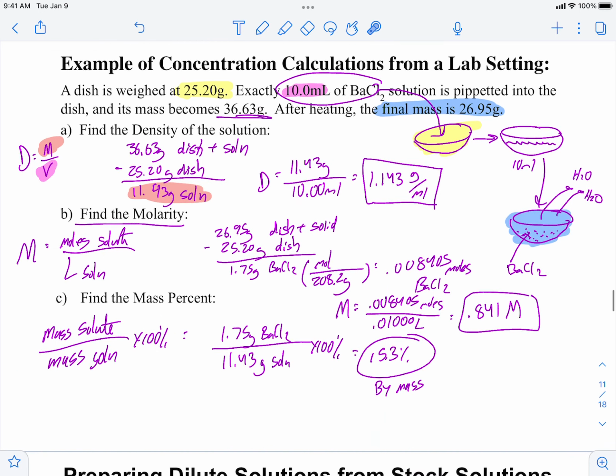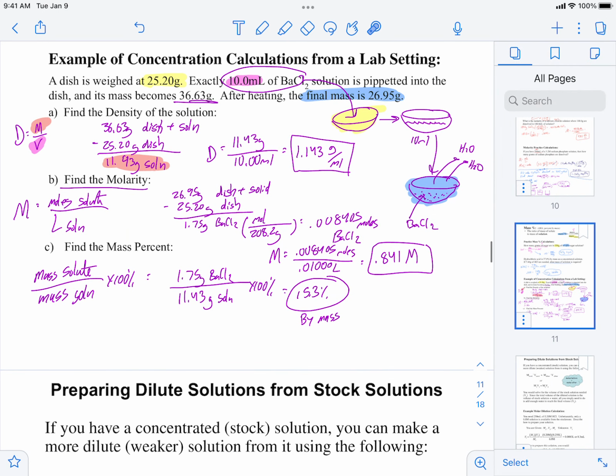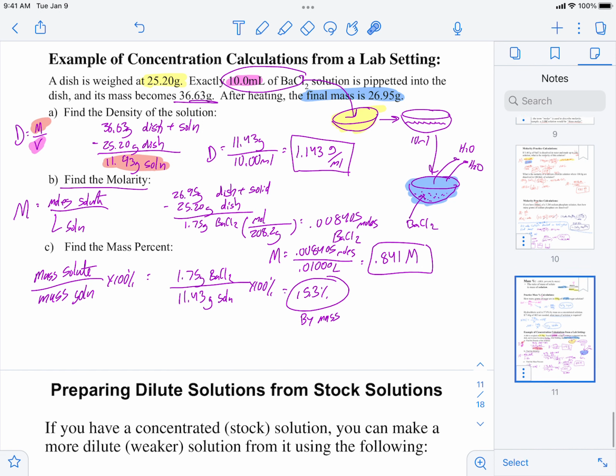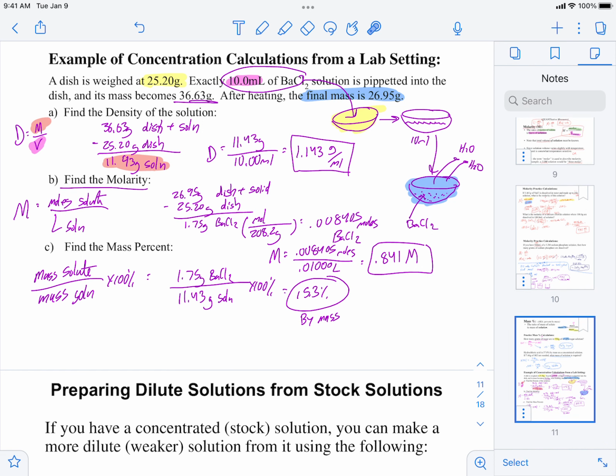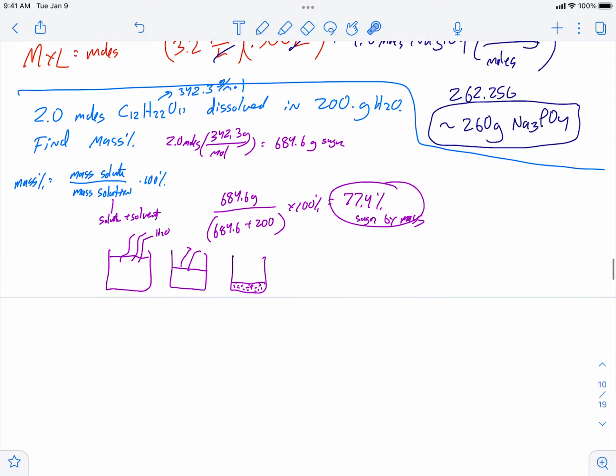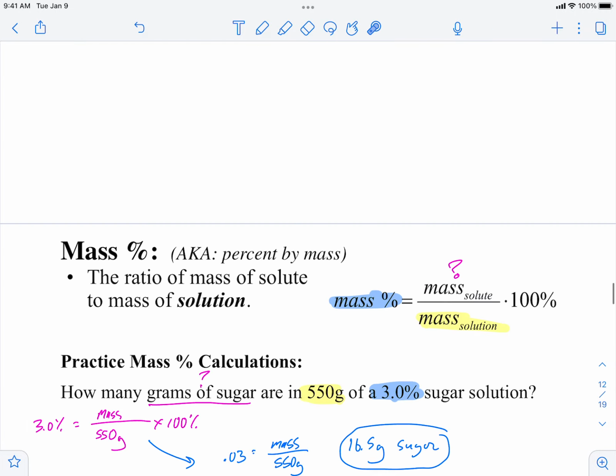So let's add a page, and I'll just give you another problem, and we'll see how we do on it. I totally put that in the wrong place, but that's okay. All right.